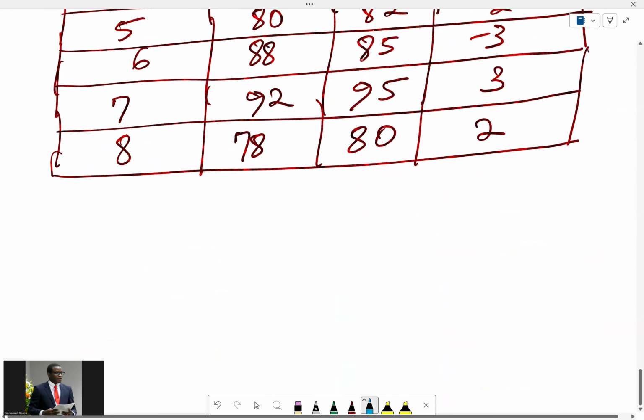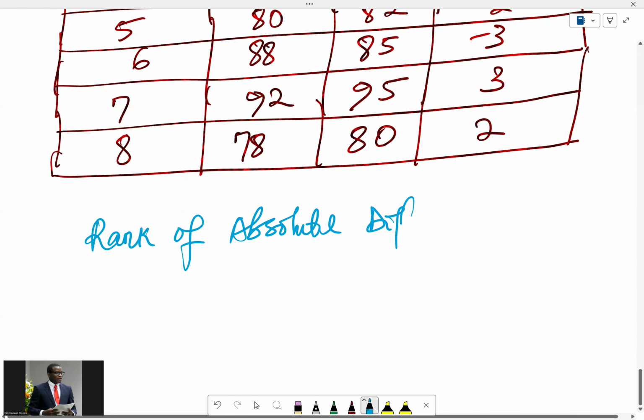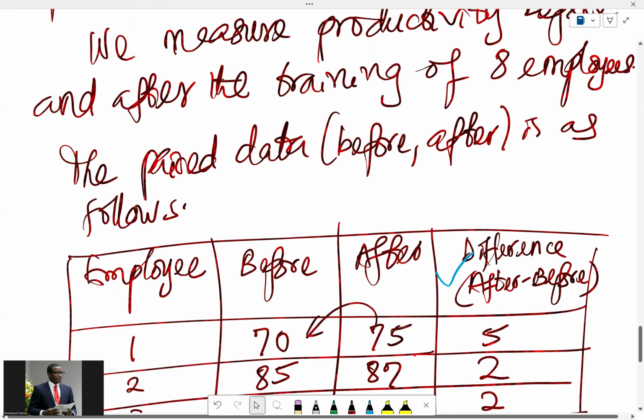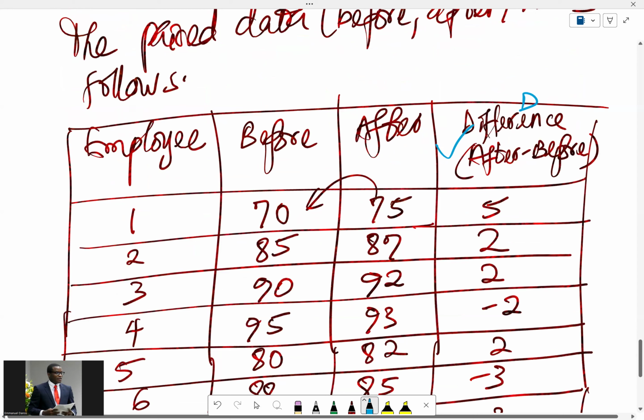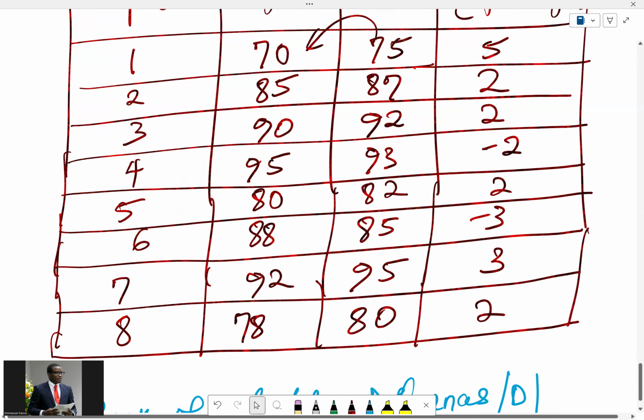So let's go for rank of absolute differences. That's absolute of D now. So this is like our D here. Now we can do that from here. So ranking simply means that we are ignoring the signs, the absolute differences now.